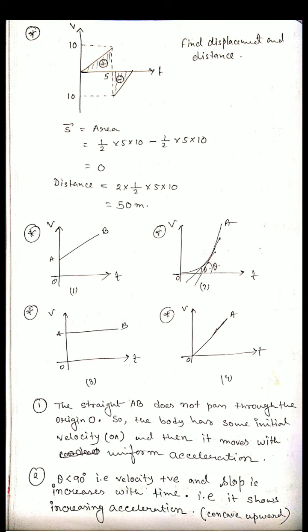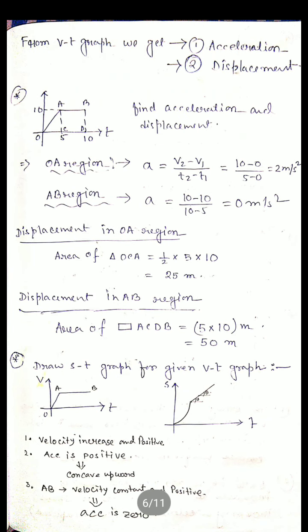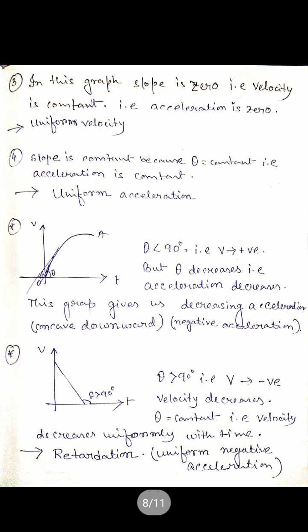Here also in this OA region, velocity is increasing in a positive direction, but the slope does not change, that's why acceleration is constant. Okay, it gives us the uniform acceleration.